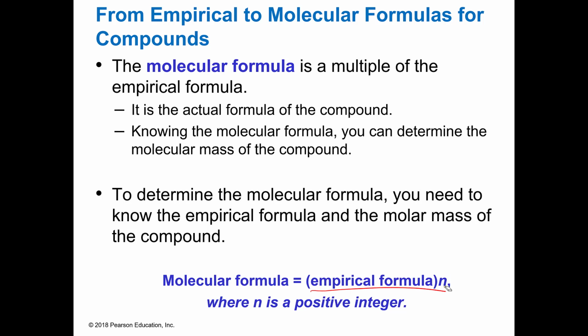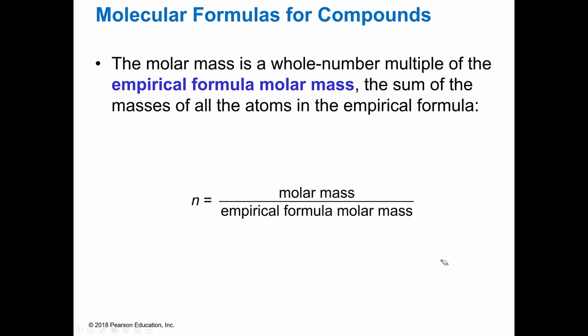You've got to know the molar mass of the empirical formula, and then you divide the molecular mass of the molecular formula by the empirical formula, and that will give you your answer. So I have to tell you what the molar mass of it is in order for you to do this. Okay? All right, so let me show you what I mean.